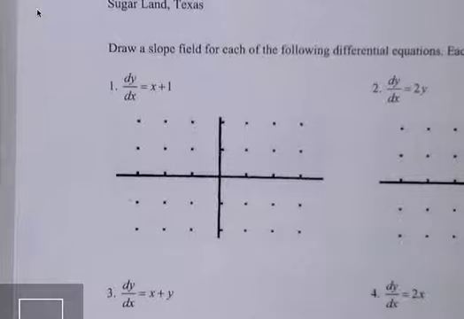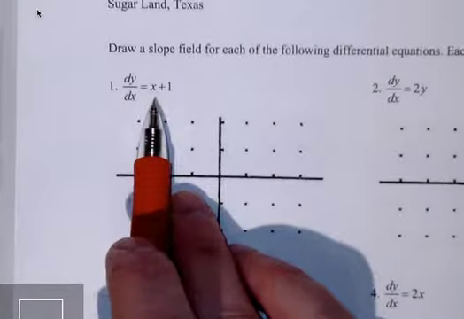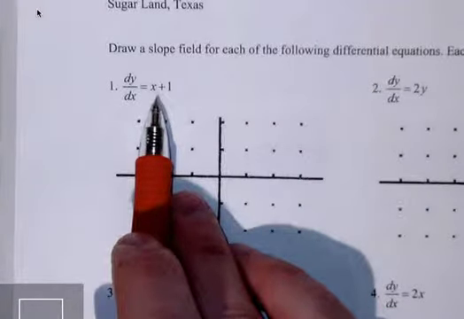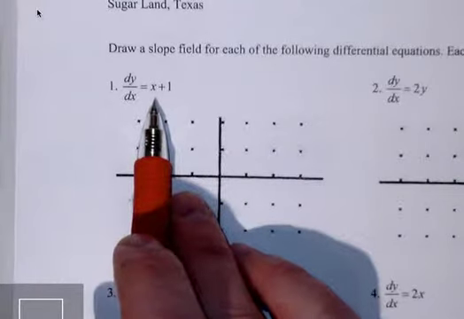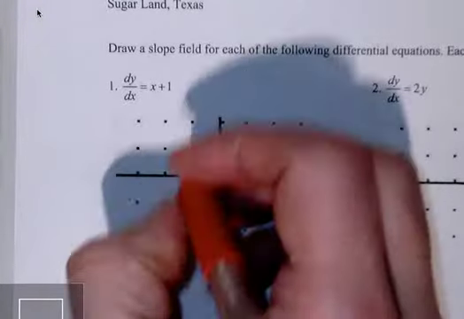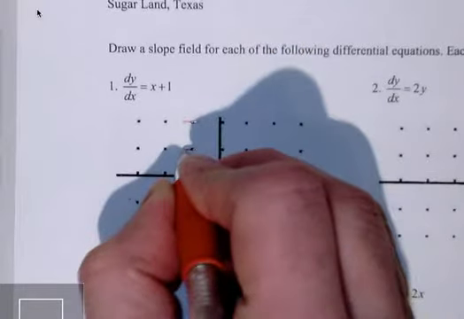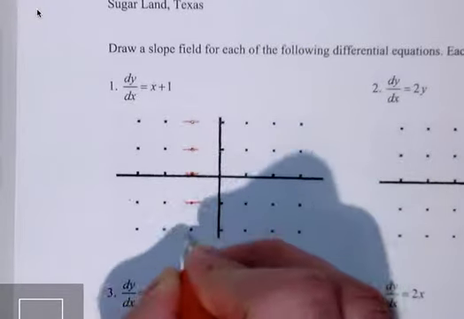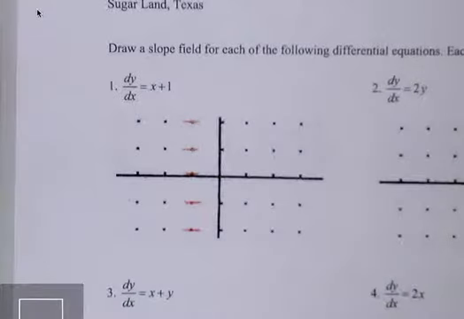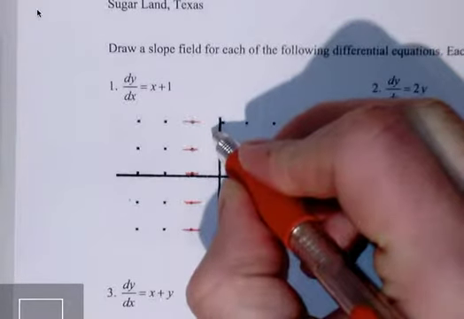But let's think through it a little bit more straightforwardly, treating it as a differential equation. When x is equal to -1, I'm going to get a derivative of 0. When x is equal to 0, I'm going to get a slope of 1.